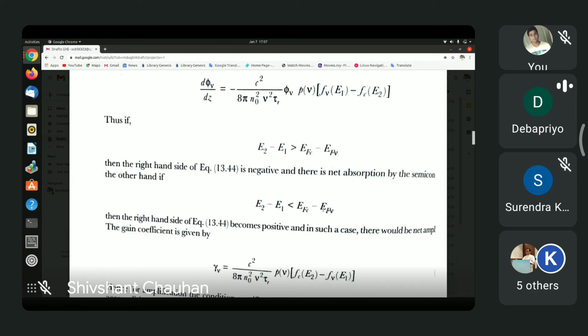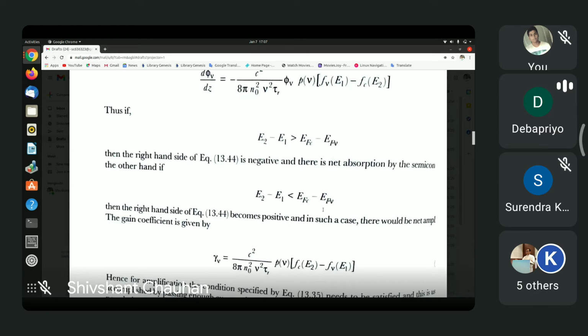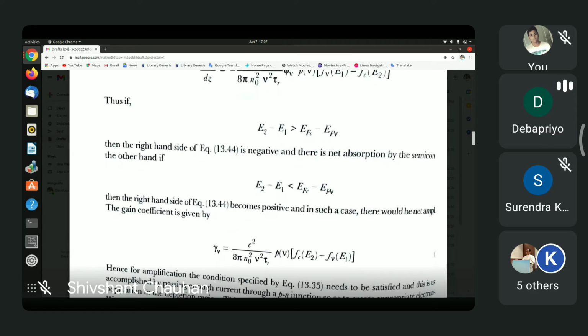So now you have this absorption coefficient or the gain coefficient, because if the condition EFC minus EFV more than E2 minus E1 is satisfied, then you have gain. So gamma here is the gain coefficient. As written there, the gain coefficient is given by gamma nu equal to c square by 8 pi n0 square, where n0 essentially is the refractive index, then you have a nu square, tau r, P nu.